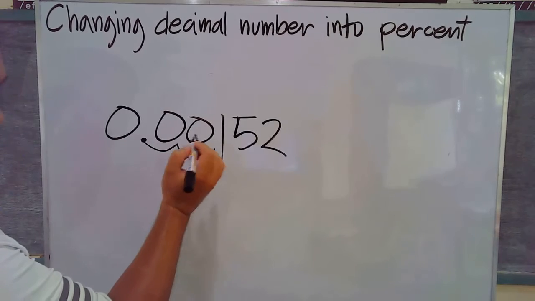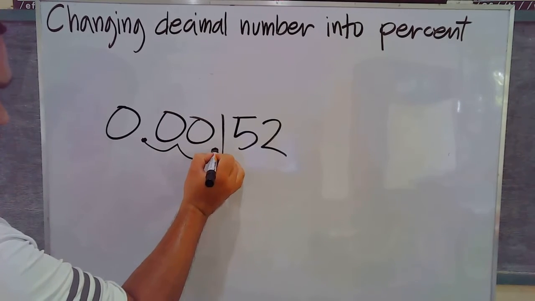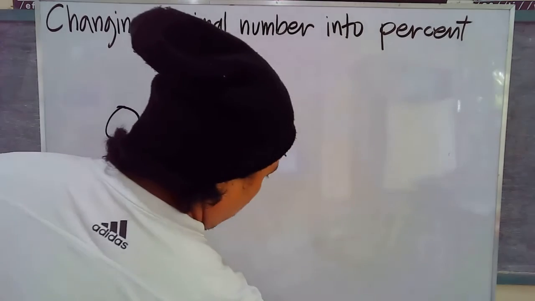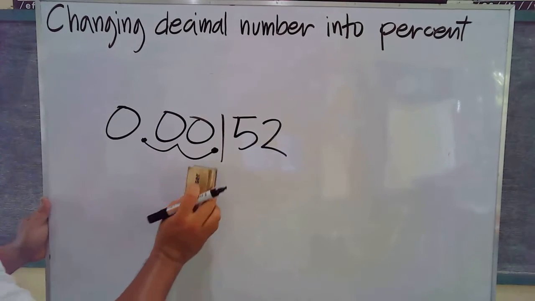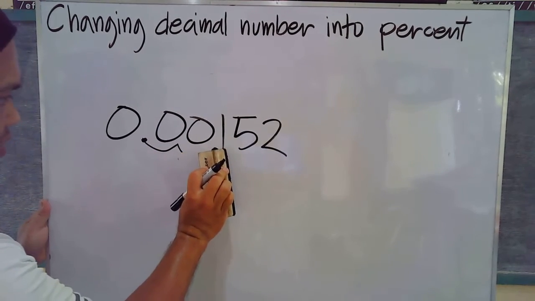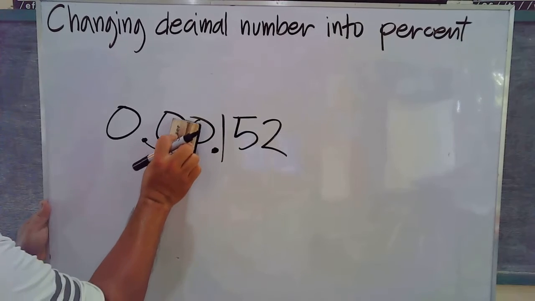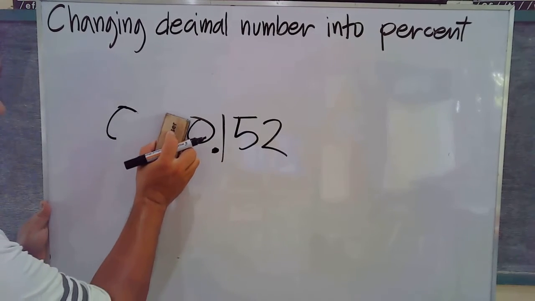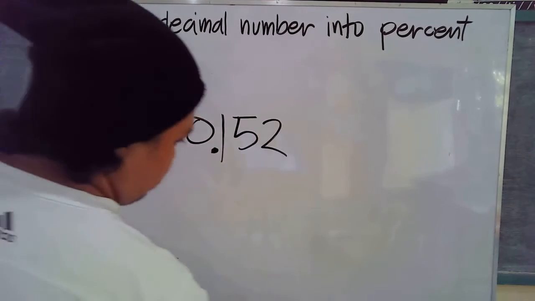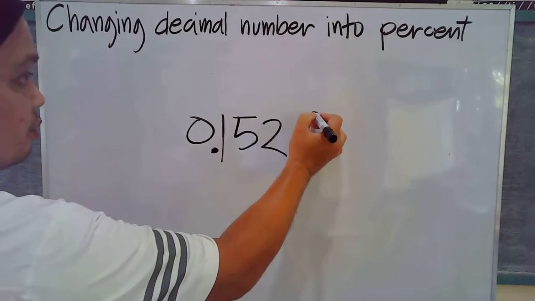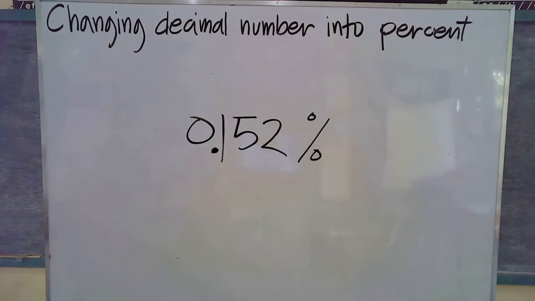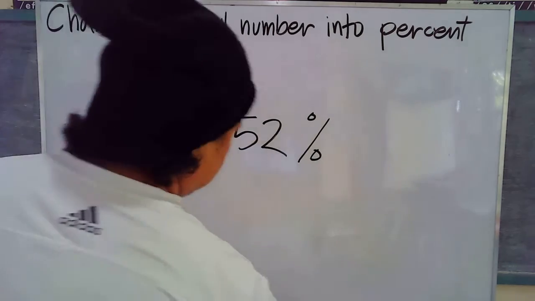Our decimal point here is between 0 and 1. We can no longer drop that because we have a number after the decimal point. So all we need to do is erase this, and it becomes 0.1%. Okay, so that's your answer. Let's have some more examples.